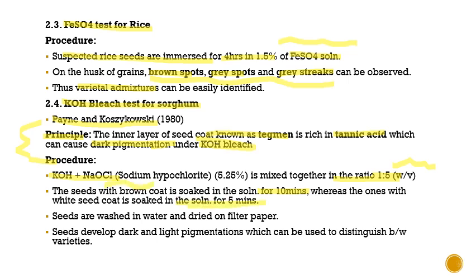So we need to visually identify the brown coat and white coat, then accordingly suspend the seeds in the solution, as the time differs. Now the seeds are washed in water and dried on filter paper. Again, the seeds develop dark and light pigmentations which can be used to distinguish between varieties.